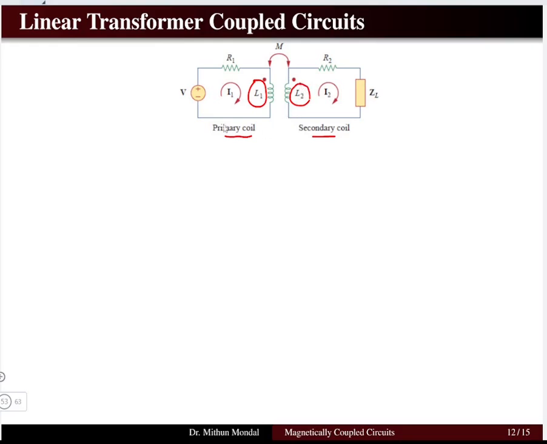In the primary coil, we give the source of EMF, which drives the current I1, and in the secondary coil we connect the load. Due to the mutual inductance, some voltage is produced in the secondary coil, and if the load is connected to complete the circuit, then the secondary current will flow in the load.